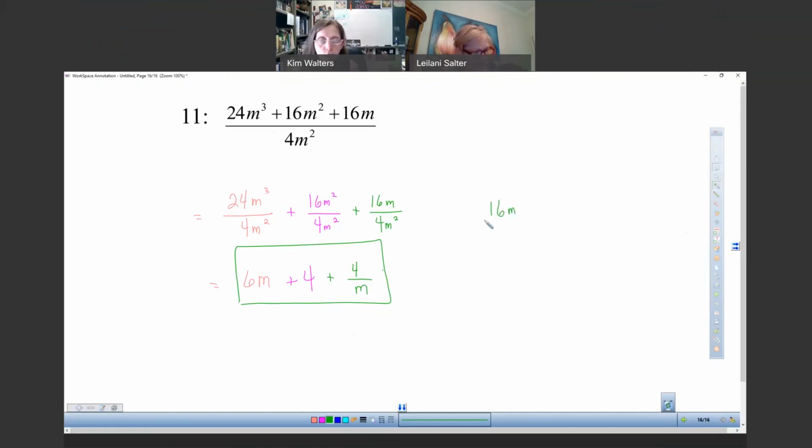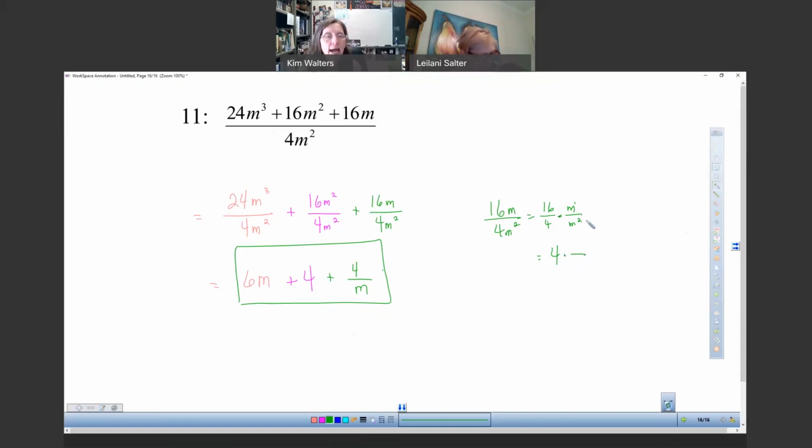Okay. So think about it like this. Think about it as 16 over 4 and then m over m to the second. So like you said, you know that 4 divides into 16, and this has actually just 4. So 16 divided by 4 is 4. And then I have m to the first divided by m to the second. And so remember on the first page of this, we said wherever the highest power is in the denominator, I'm going to subtract.